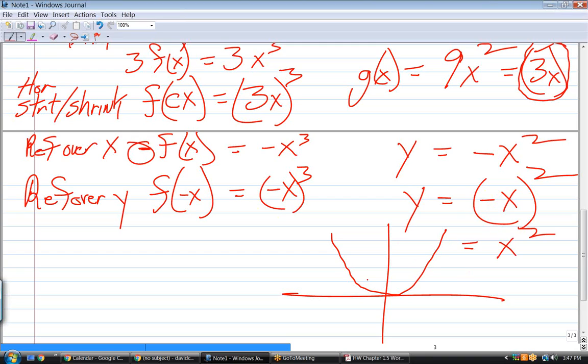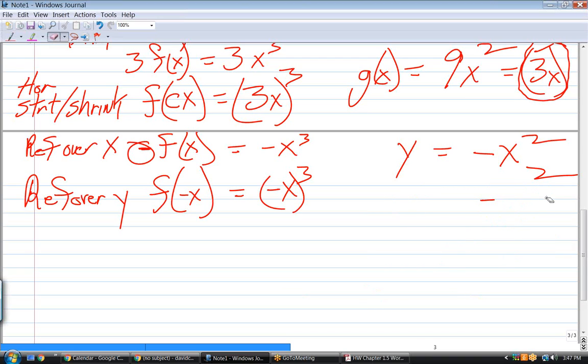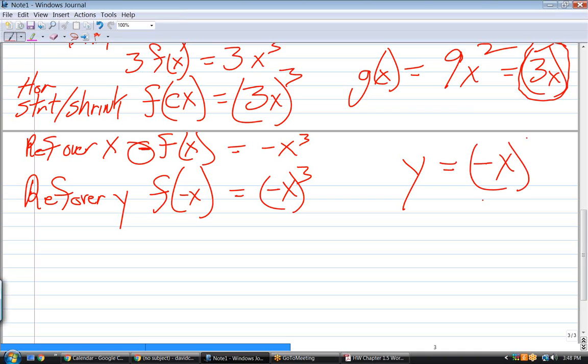For this function, it actually does. For the x cubed function, let's look at that for a moment. In other words, if I said, what's going on with this? You would say, well, that's a reflection about the y-axis. Well, what does the parent function look like? The parent function looks like that.